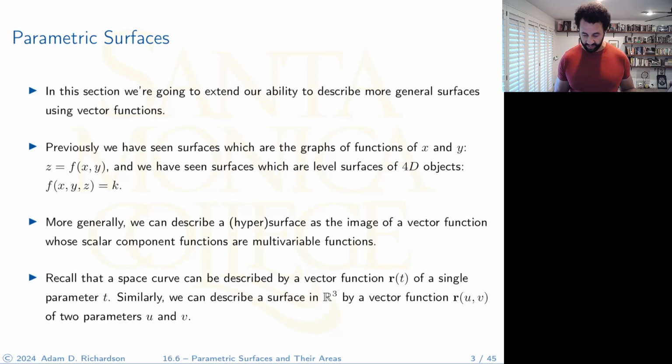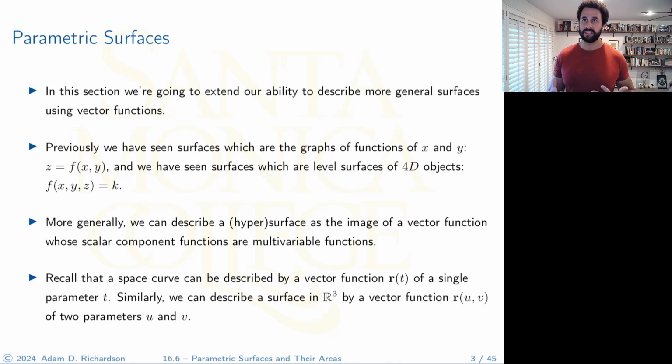So more generally, we can describe a hypersurface as the image of a vector function whose scalar component functions are multivariable functions. That's basically the setup. This is a natural generalization from what you might remember about space curves. If you remember when we talked about space curves way back in chapter 12, we described a space curve using a vector function, but it was a vector function of a single variable, t, right?